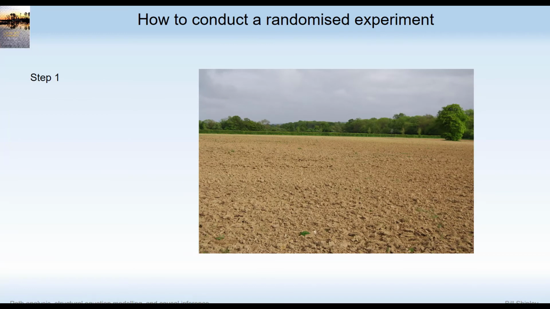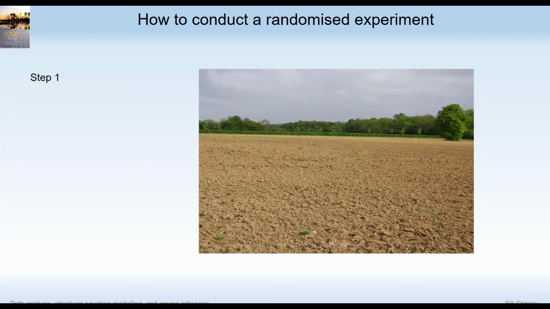Since Fisher initially worked at the Rothamsted Agricultural Research Station, let's imagine an experiment which might have been done to test whether a new nitrate fertilizer increases the yield of wheat. We're going to go through the steps, and then we'll look at the logic and why, by combining the logic with the statistical analysis, we can draw conclusions about cause and effect.